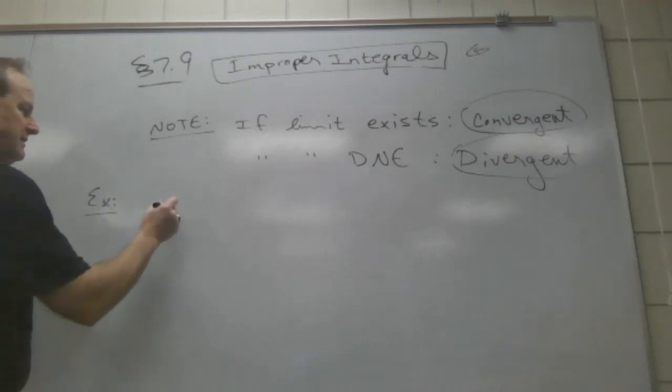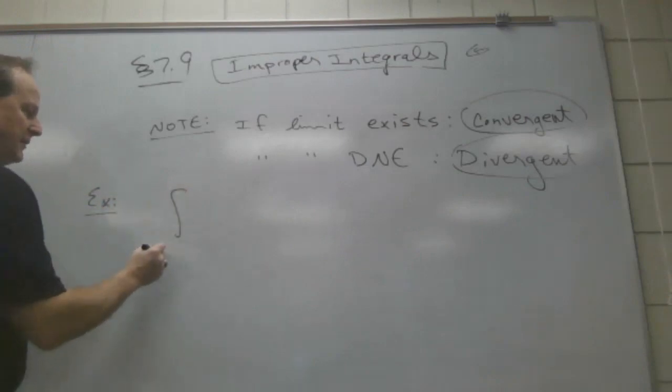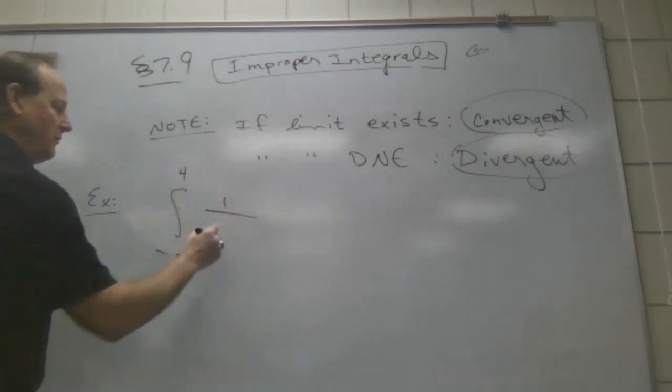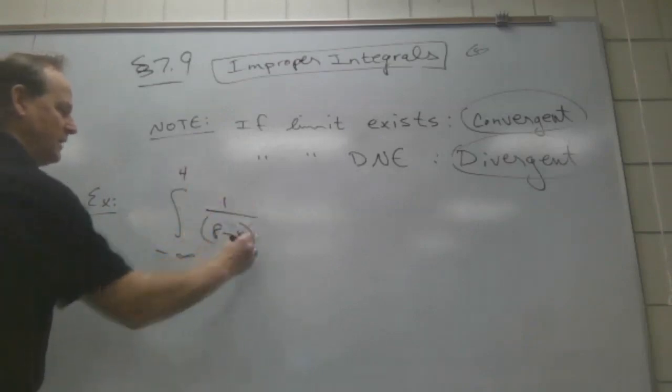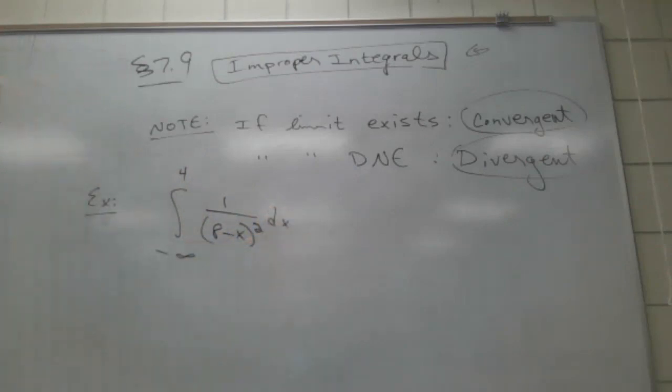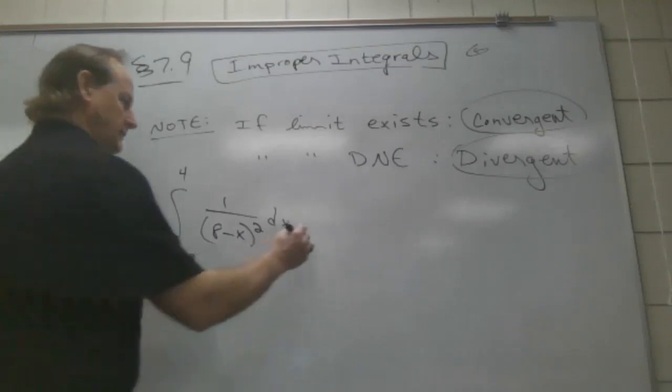What if I have the definite integral from negative infinity to 4 of 1 over (8 minus x) squared with respect to x? How could I rewrite this?